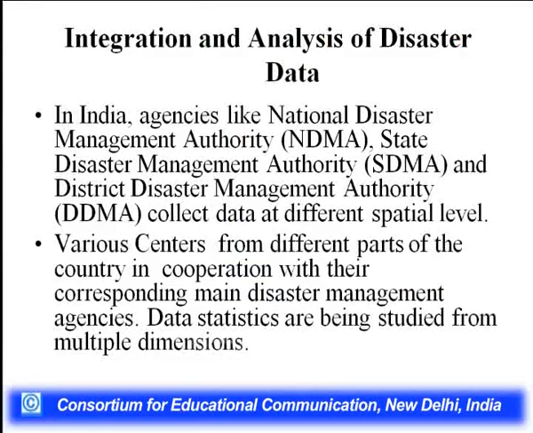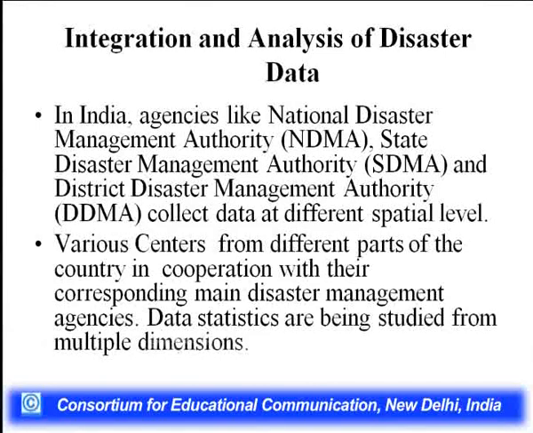So, who can do integration? In India, agencies like National Disaster Management Authority, State Disaster Management Authority, District Disaster Management Authority collect data at different levels, apart from some different government departments, and resource data coming from different conventional and unconventional sources.